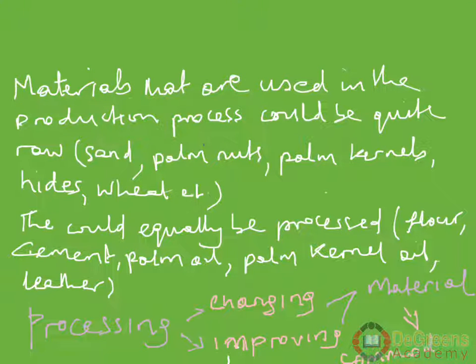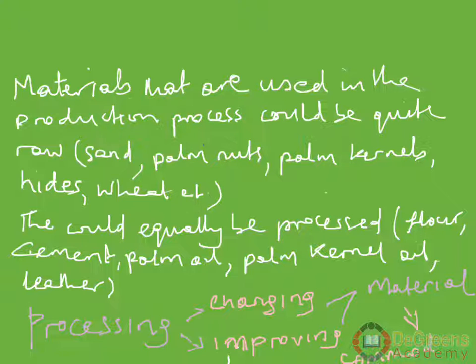So we can say materials that are used in the production process could be quite raw. That is, at times, if we talk about primary goods or primary products, they come kind of raw, like sand, palm nuts, palm kernels, hides, wheat.